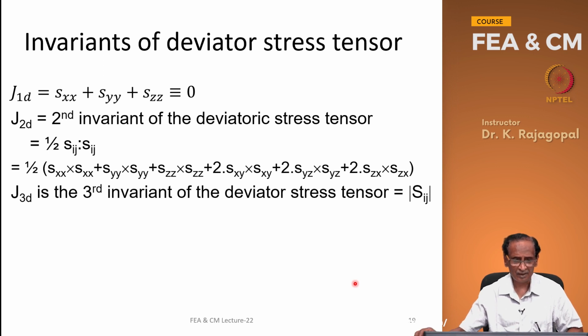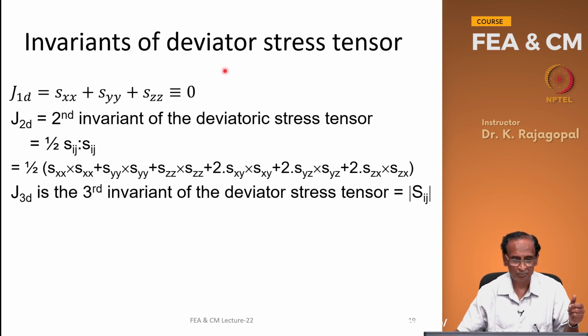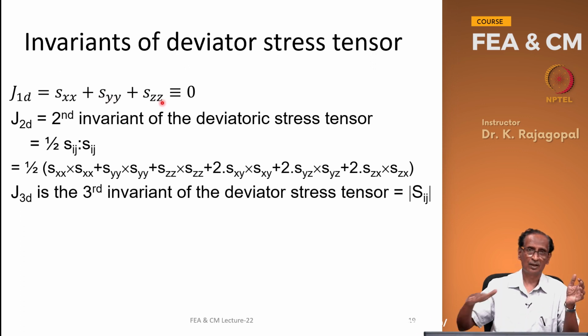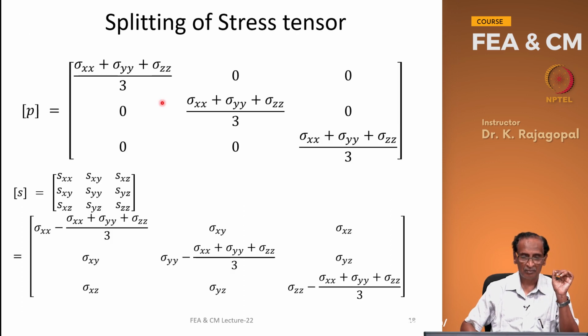Similar to the invariants for the total stress tensor, we can write the invariants for the deviatoric stress tensor. J1d is Sxx plus Syy plus Szz, the sum total of the 3 normal deviatoric stresses.